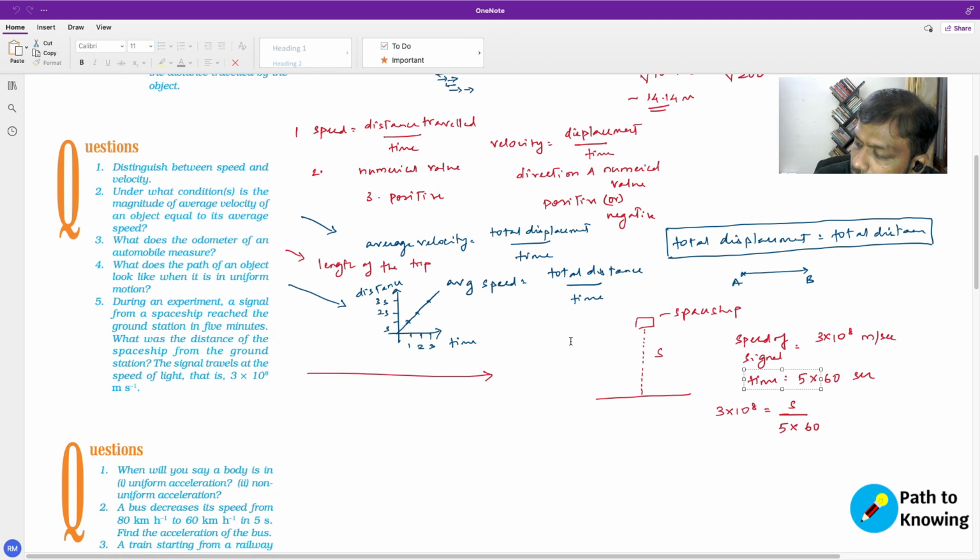So your distance s is equal to 3 times 10 power 8 into 5 into 60. This is the distance traveled by the signal from the spaceship to the ground station.